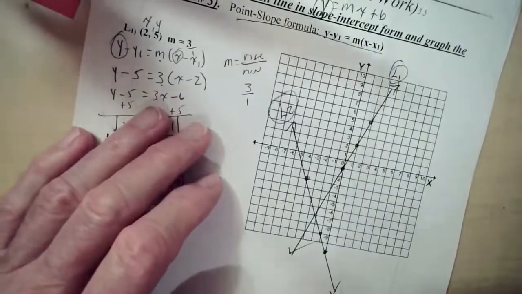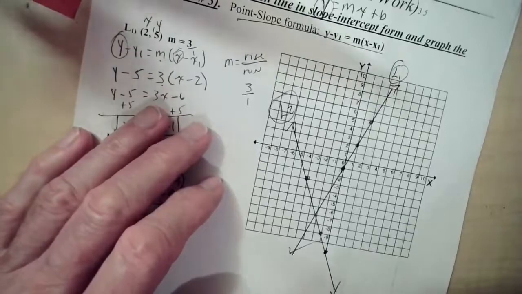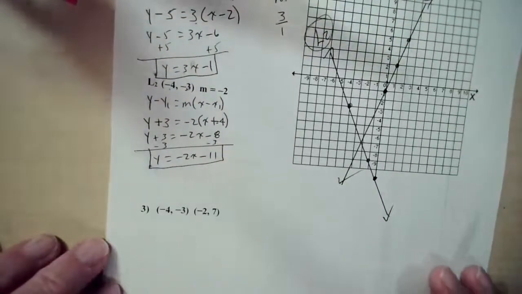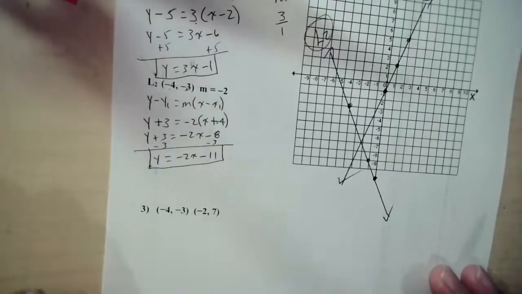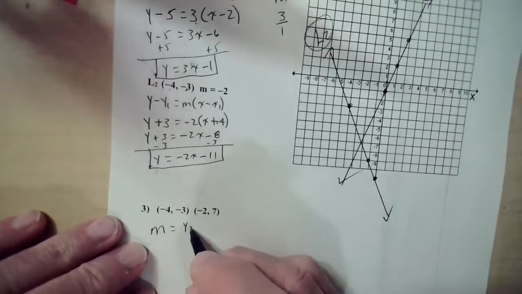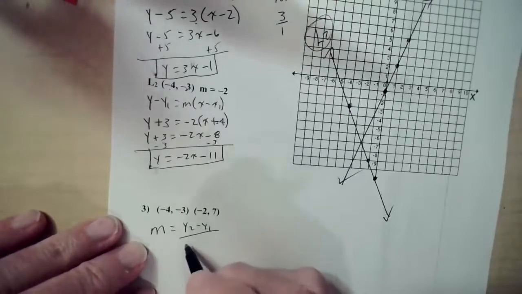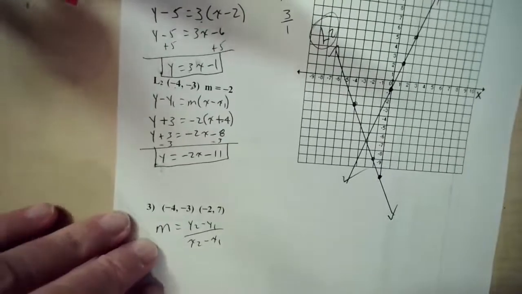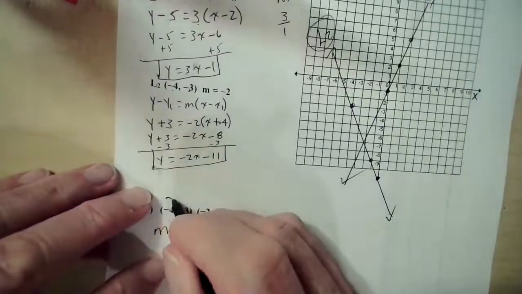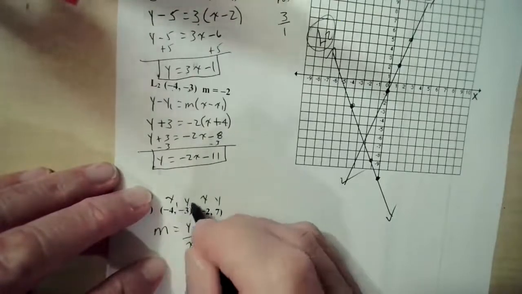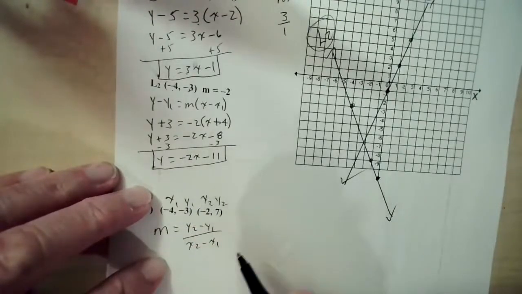Now the third one, all you're given here are 2 points. What's the one thing we can calculate from 2 points? Slope. y2 minus y1 over x2 minus x1. Okay, y2, remember, x, y, 1, and 2.